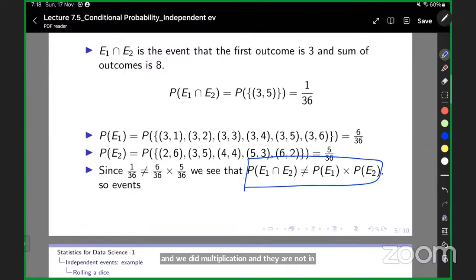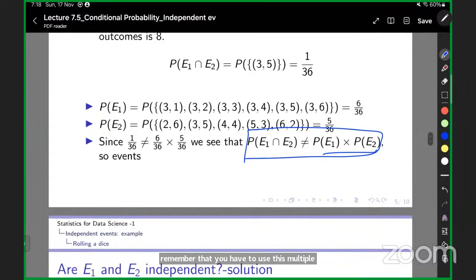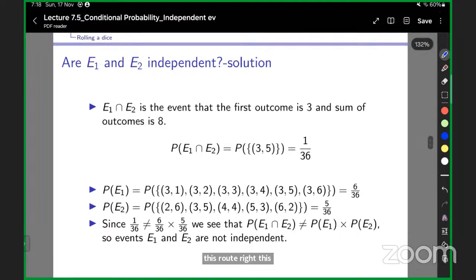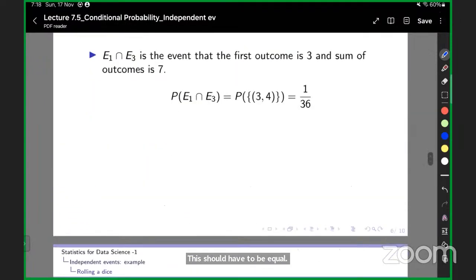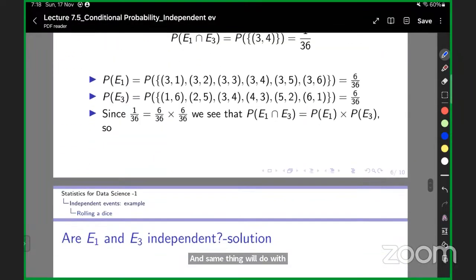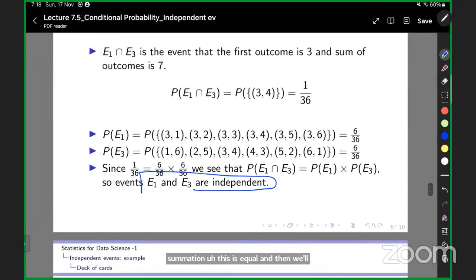So that's how we check independence. The only thing you have to remember is that you have to use this rule, and this should be equal. And same thing we'll do with the other scenario where we get the two sides equal, and then we'll say that they are independent. Okay, so E1 and E3 are independent, and E1 and E2 are not independent. So they look like the same thing, like let's say sum only, but they are not.